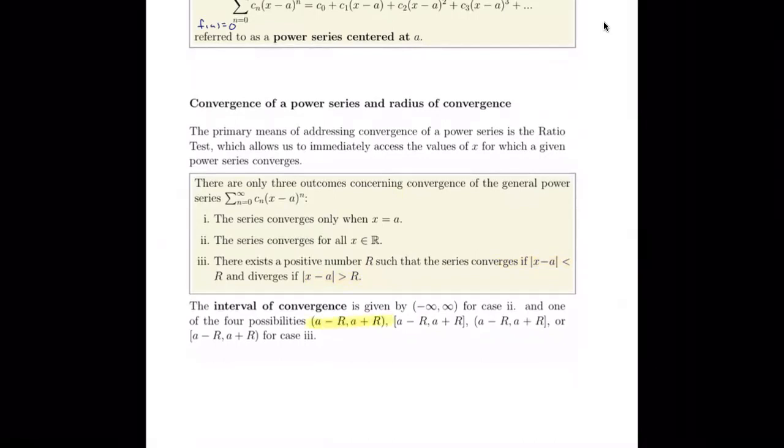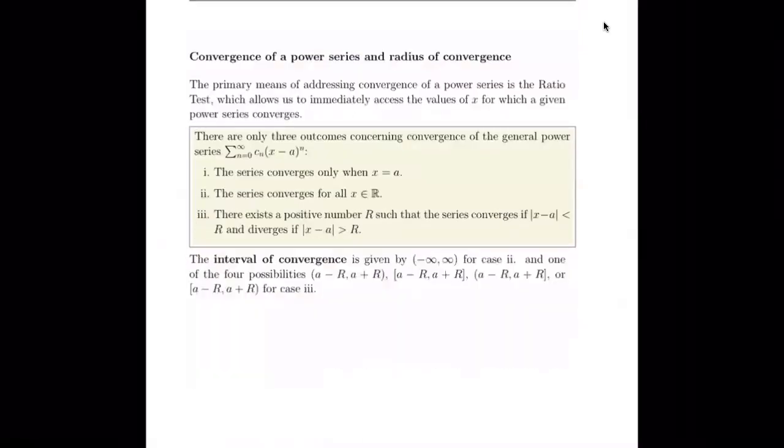So we might have an interval that goes from a minus r, the center, all the way to the left 1 radius unit, to the center plus a radius to the right. Okay, so remember in our previous example, the geometric series, a was the center for the geometric series as a power series, and the radius r was 1.